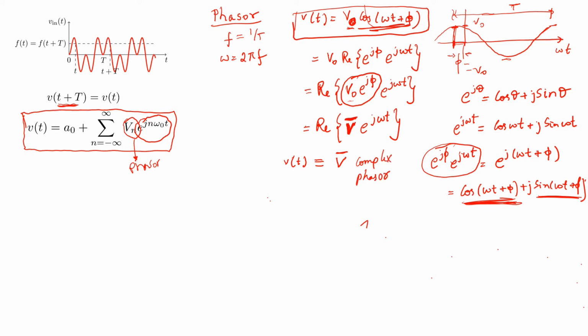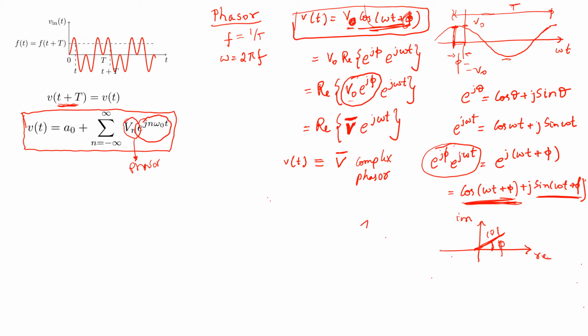And for a complex number, we know that it has in the complex plane a real part and an imaginary part. In general, this V bar is going to have a certain magnitude, and it is going to have a certain phase. In this case, that phase corresponds to this phase angle of phi. So how do we see that pictorially?